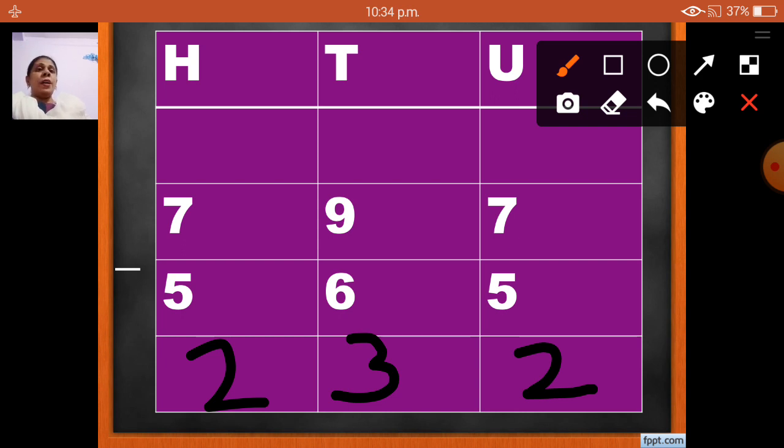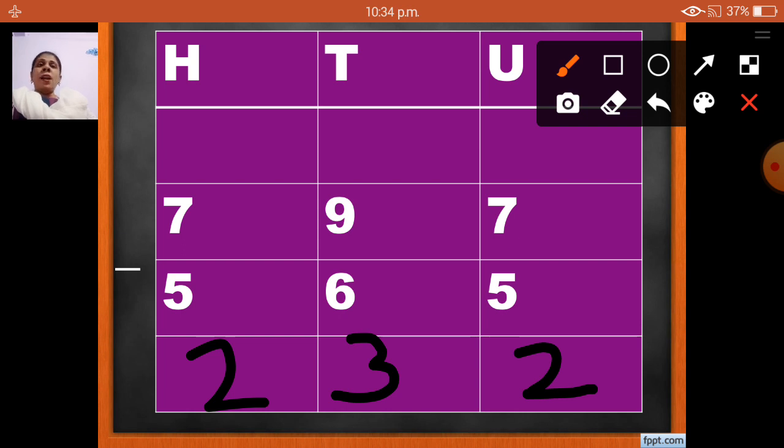Now children, here you understood, when there is a bigger number, like here the number is 797 minus 565, 565 is a smaller number. So when a smaller number is subtracted from a bigger number, subtraction can be done easily. There is no borrowing.